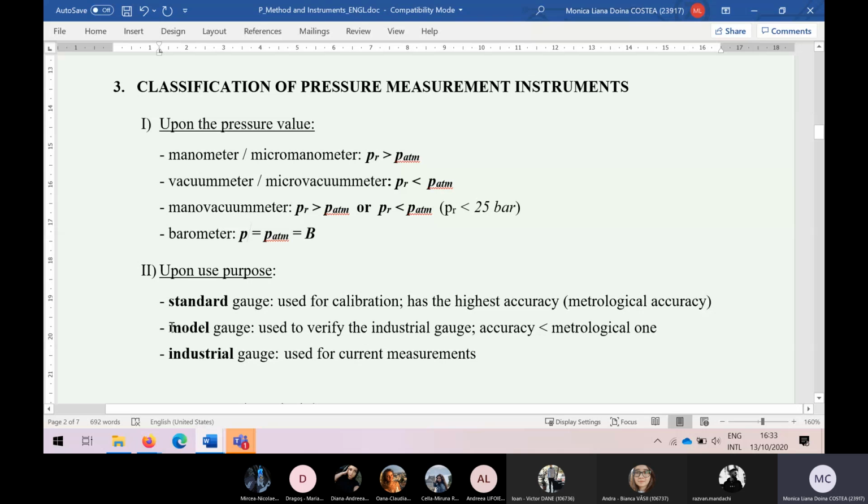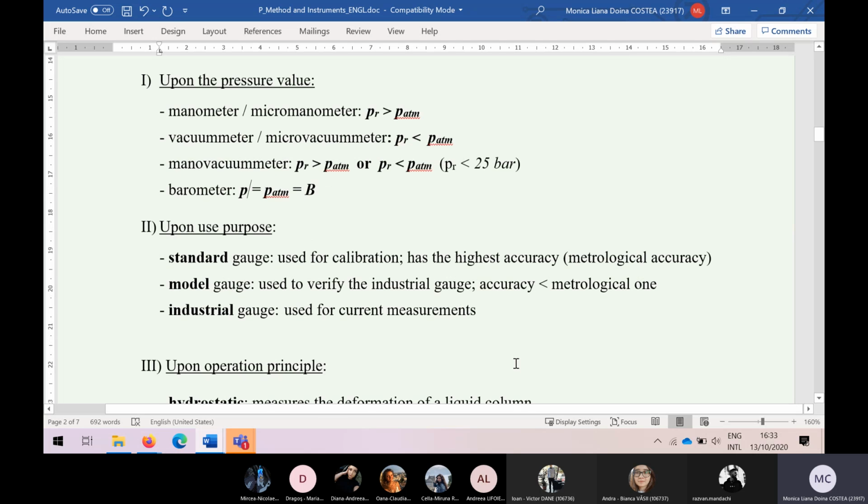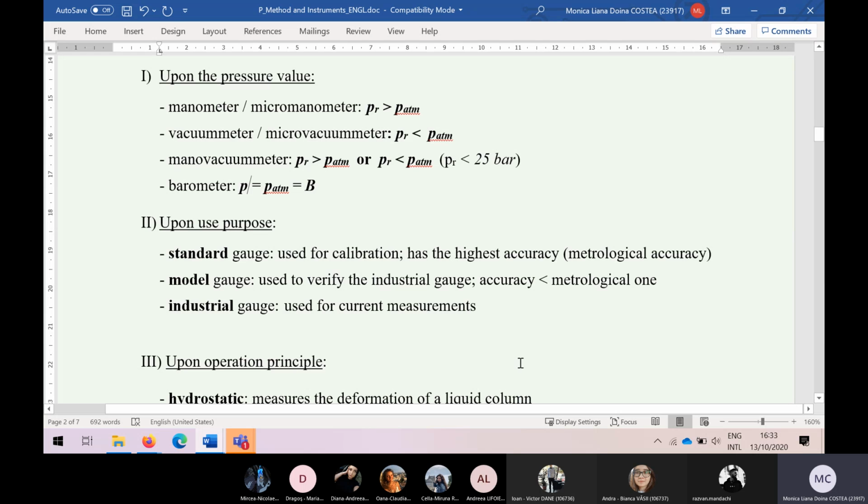With a lower accuracy compared to the metrological one, we have what we call model gauges, which are used to verify the regular instruments if we have doubts about their operation. And finally, the industrial gauges, which are currently used in the measurements.